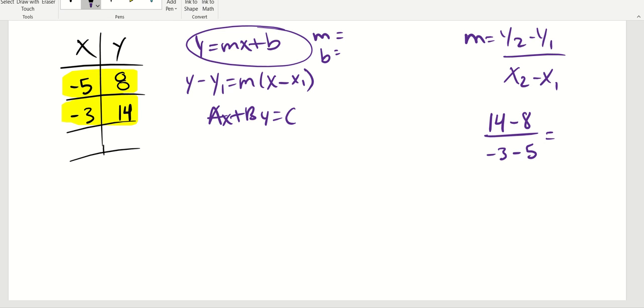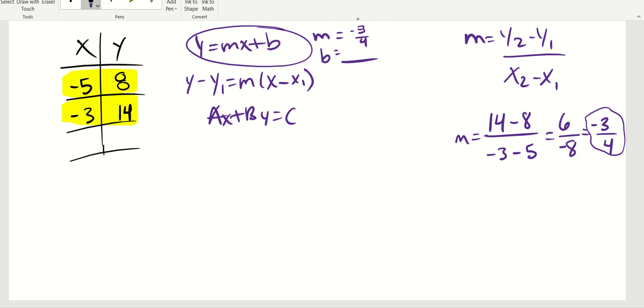So 14 minus 8, that is 6, divided by -3 minus 5, that's -8. Simplify that, divided by 2, so this becomes -3/4. That is your m. So once you find your m, now you find your b, because we already got the m.